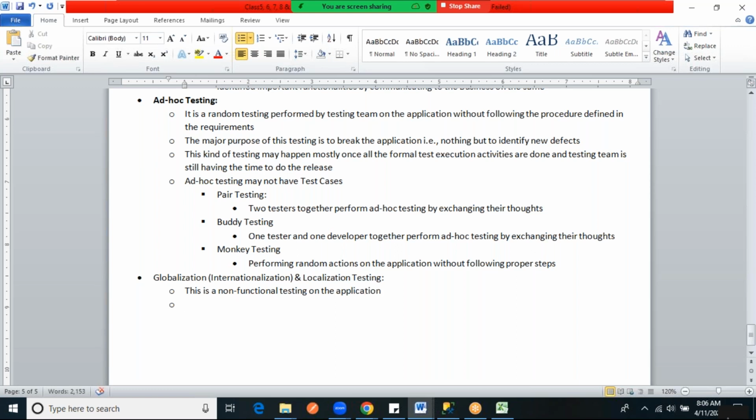What is it all about? Anyone? This application is globalized. This application is localized. Means what do you understand? Globalization means our application can be used in any country, in their own language, according to their business requirements.